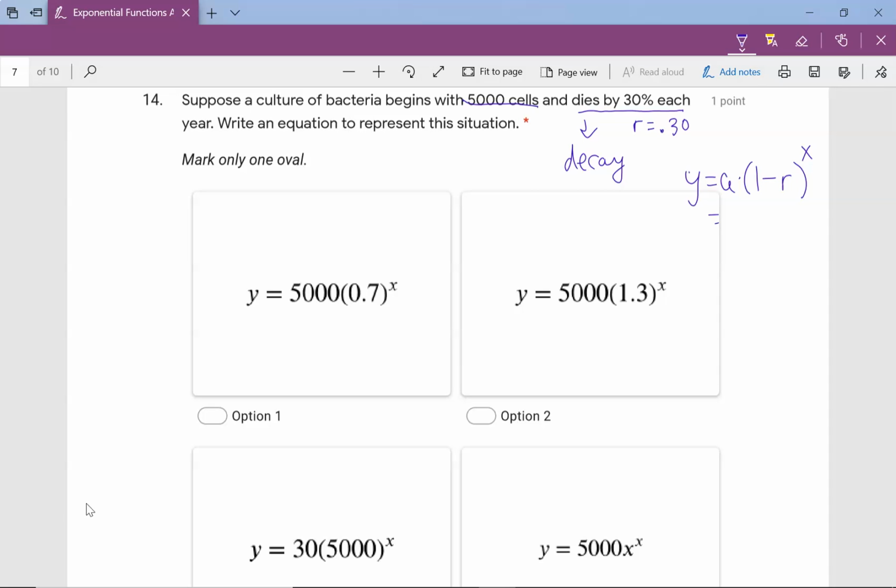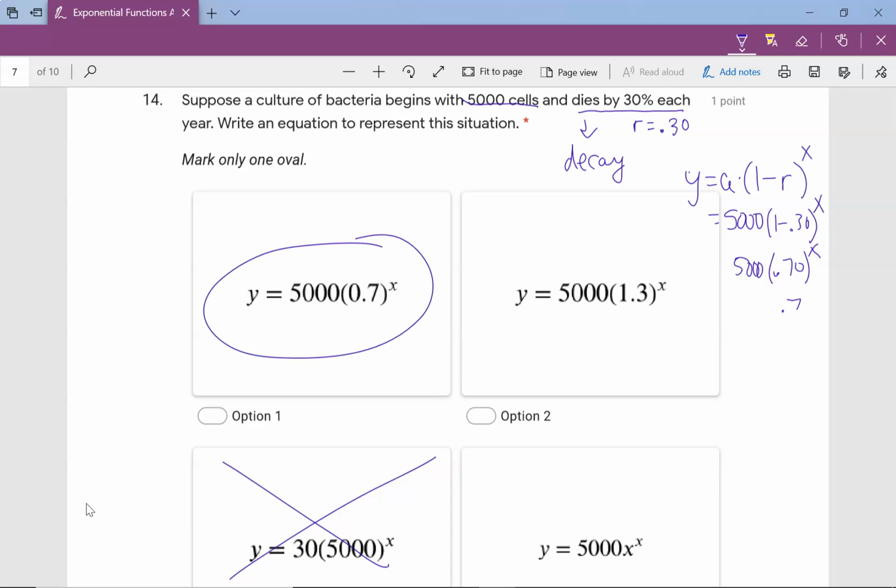A, of course, they told us was 5,000, so we can eliminate this choice. 1 minus 0.30, so 1 minus 0.30 is 0.70, which is the same as 0.7, by the way. So that makes this answer the correct answer. This one right here should have been one that you think, ooh, that looks weird. And then this one right here, that would be if it was growing by 30%.